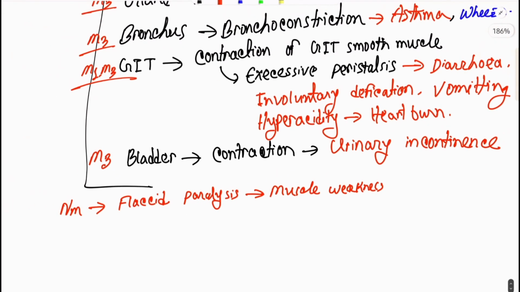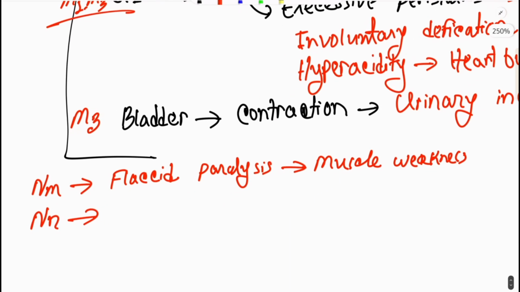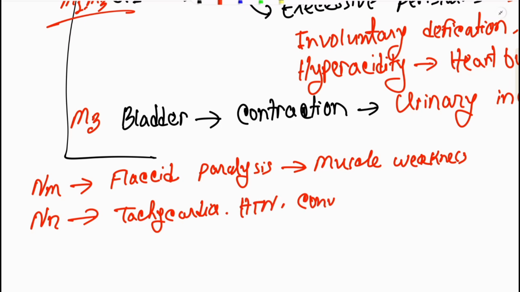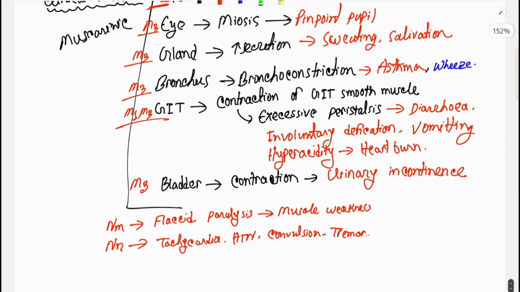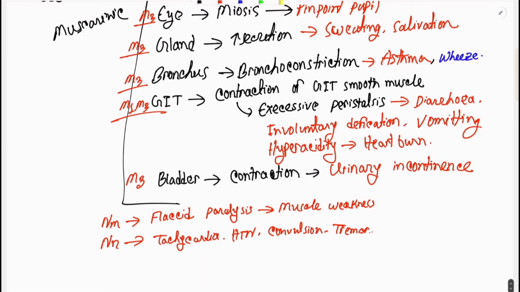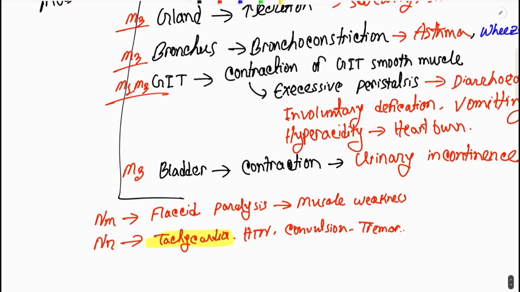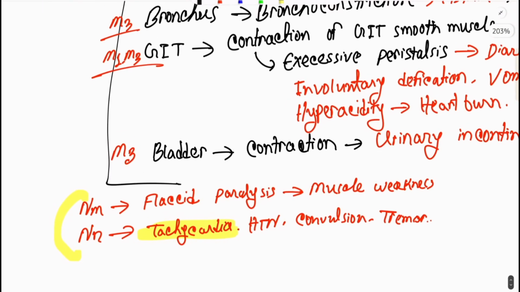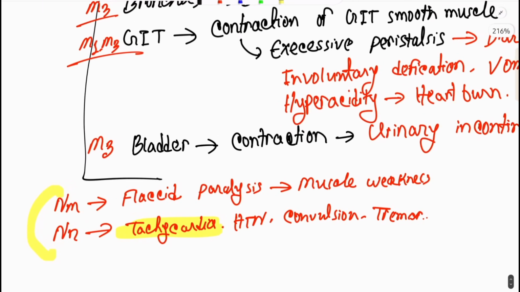And stimulation of the N receptor will lead to tachycardia, hypertension, convulsion, and tremor. Actually, this seems contradictory. We have previously seen that bradycardia is seen, but here we are saying that there will be tachycardia. We have also said that nicotinic symptoms are extremely rare, so tachycardia is rarely seen. It will be seen if the organophosphorus compound concentration is very high.